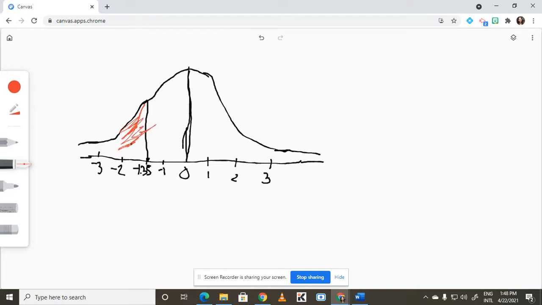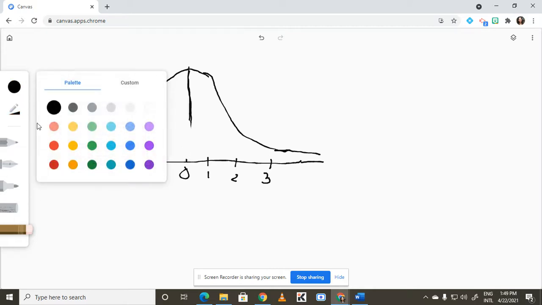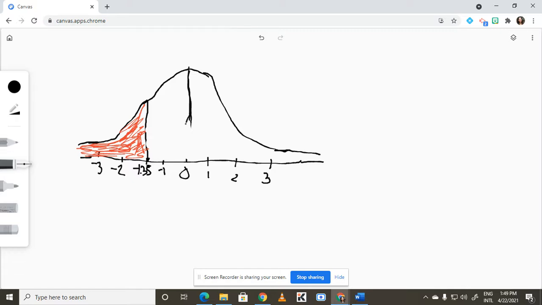Okay, so, ayan, shade lang ninyo yan. Okay, shade, shade, shade. So, na-shade. After that, so ito na yung hinahanap natin. The area below z equals negative 1.35.